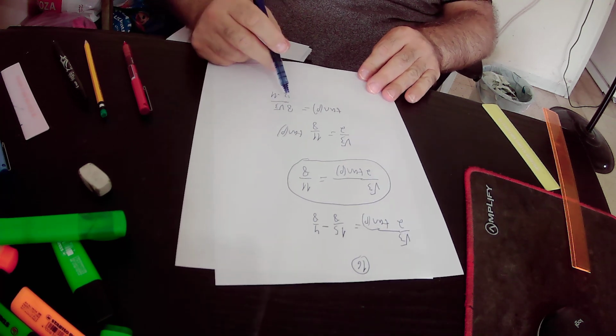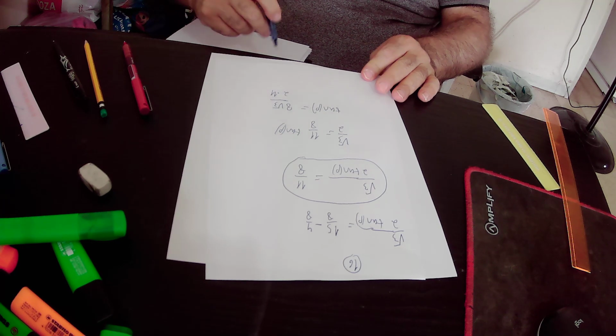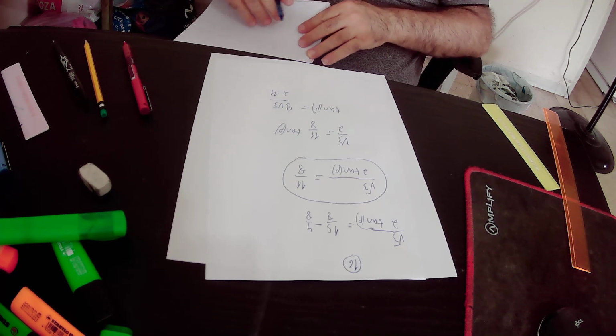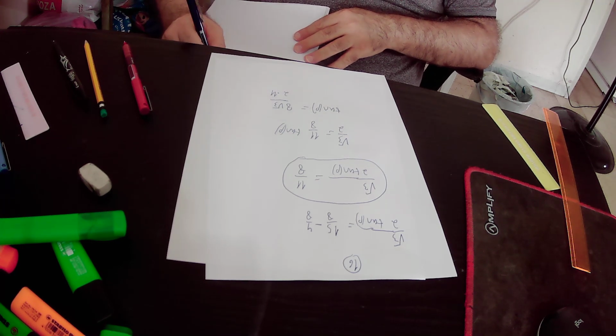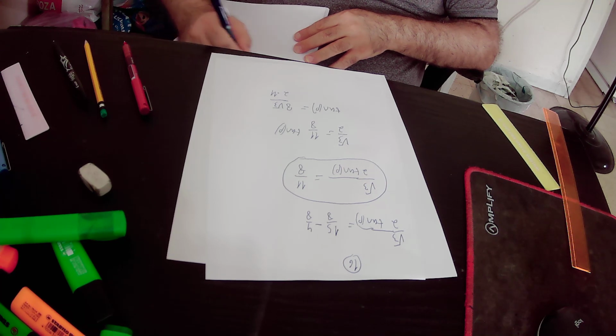And 8 over 2 is 4, so tangent p equals 4 times root 3 over 11.